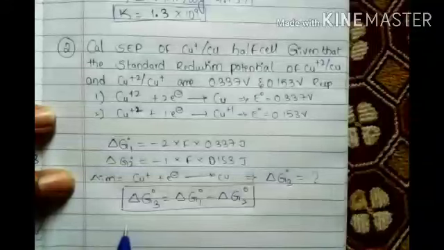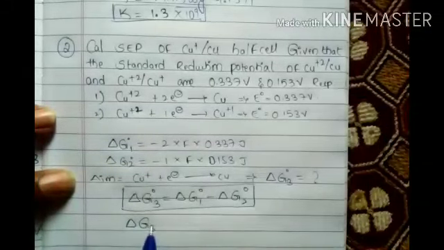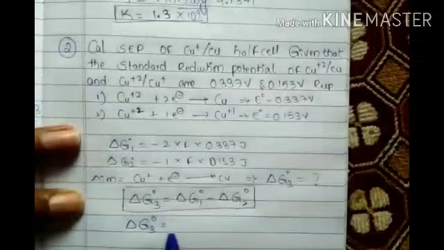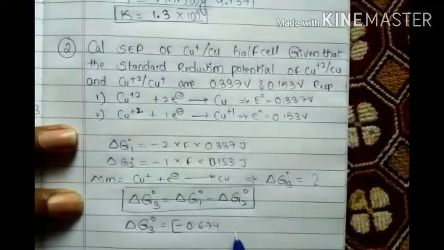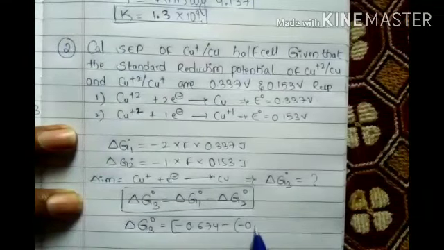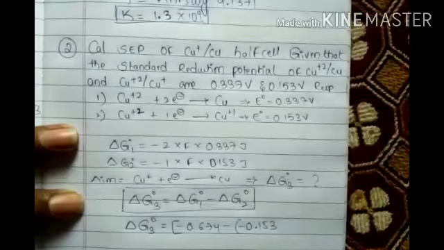Okay, so delta Z3 naught minus 0.674 minus 0.153.